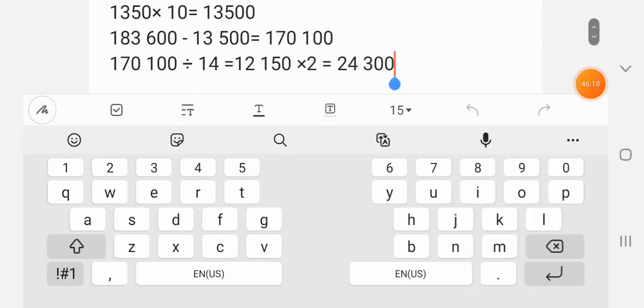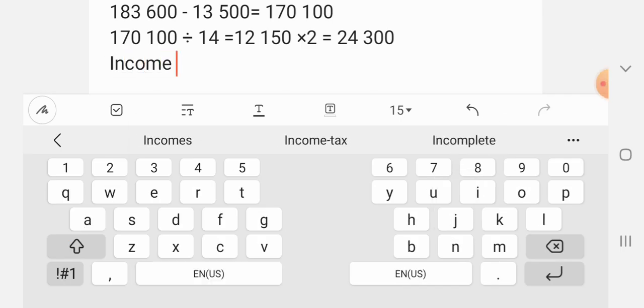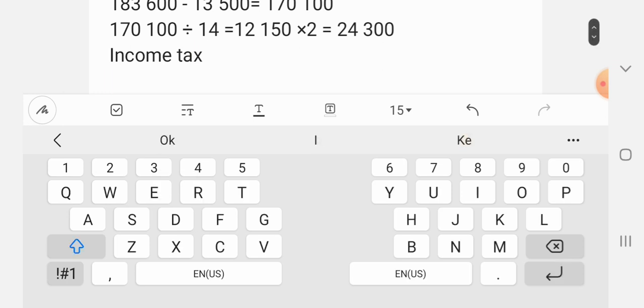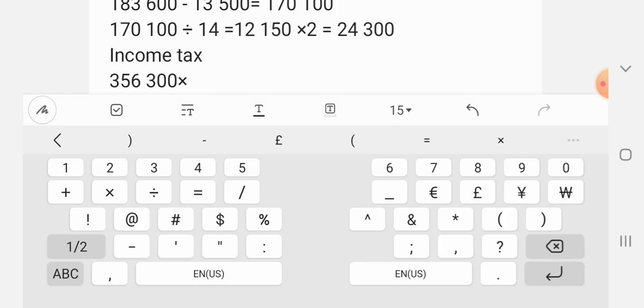Okay, so we will do the income tax calculation. So we are given the net profit after tax, which is 356,300, and tax is calculated at 30%. So this amount is the amount after the tax was calculated. So we are looking for the 70%, the total amount before tax was calculated.